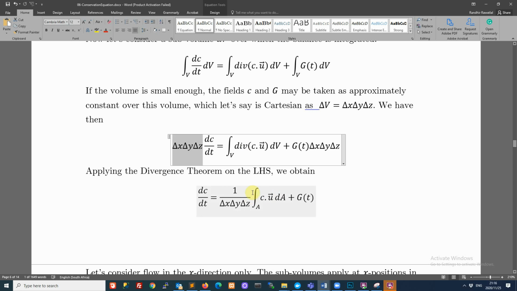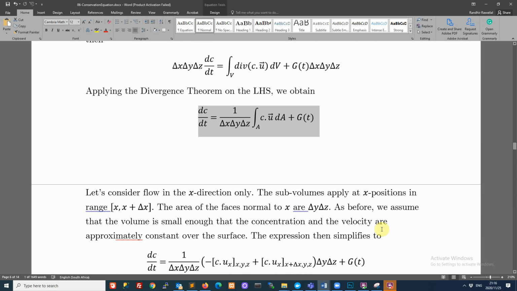So this is an application of the divergence theorem. We are just using the divergence theorem to replace the integral over the volume by the integral over the area, and we've then gone and cancelled out delta x, delta y, delta z. So we recognize this is a valid expression.